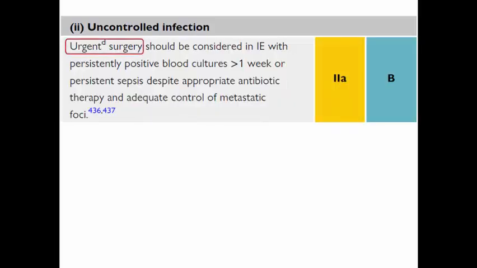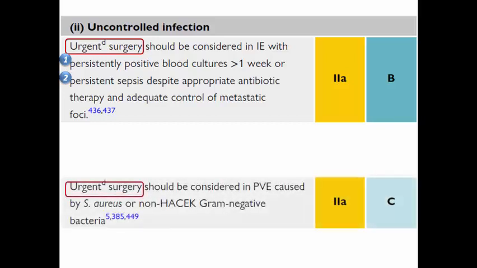And urgent surgery has a class 2A indication in case of persistently positive blood cultures for more than 1 week, or persistent sepsis as indicated by the persistence of fever or high acute phase reactants despite appropriate antibiotic therapy and adequate control of metastatic foci, or in case of prosthetic valve endocarditis caused by Staph aureus or non-HACEK gram-negative bacteria. In this case, the patient should have urgent surgery.